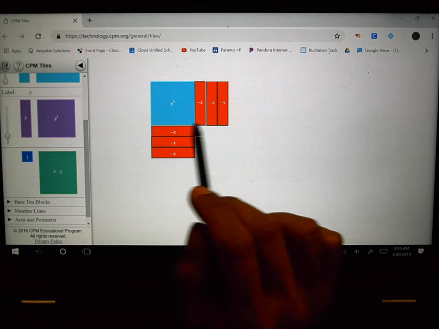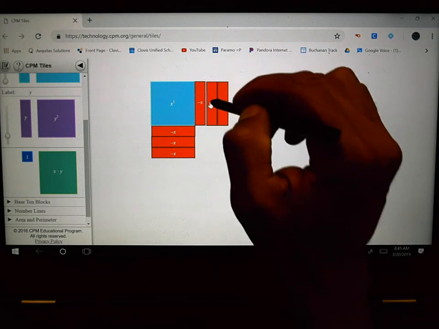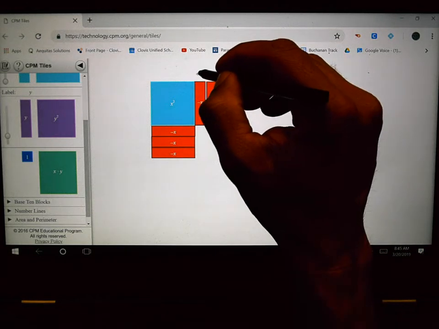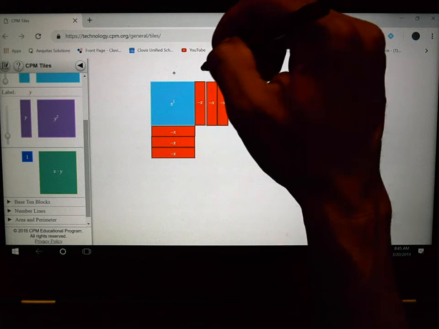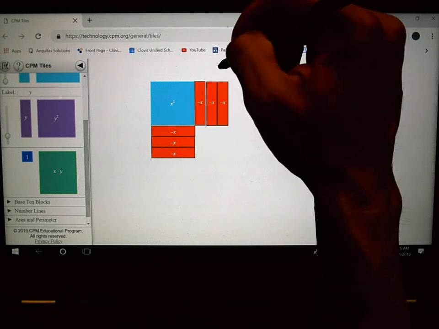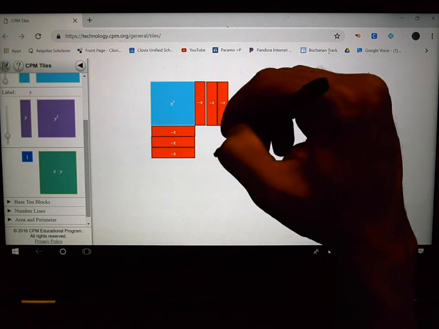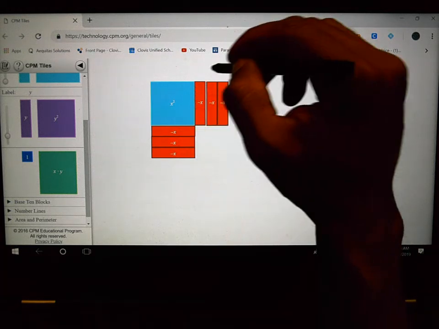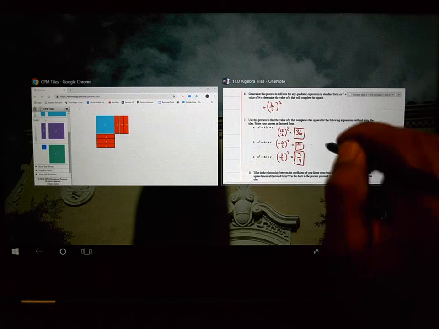If I have x squared minus 6x, the only way to get these to be red or negative is to have a -1 and a -1 and a -1, which means x minus 3 at the top. That -3 makes a positive 9, but the only way to get these to be negative in the middle is to have in your parentheses a negative value. We'll come back to that in just a bit.